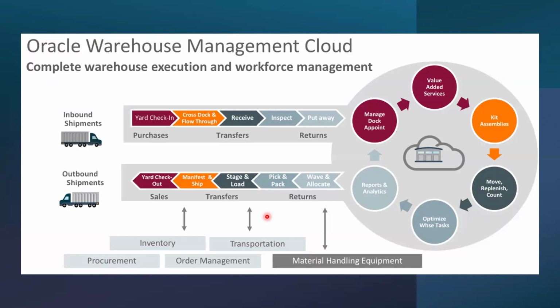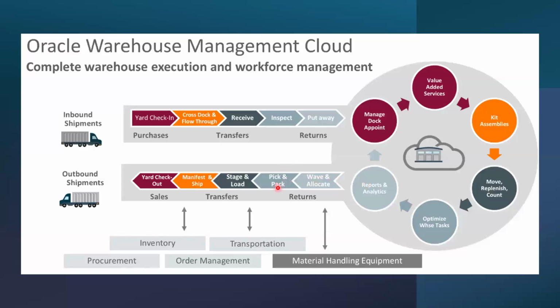That information we will integrate with the order management, so that it can be communicated to order management that this has been shipped. The order can flow from order management to WMS straight away.